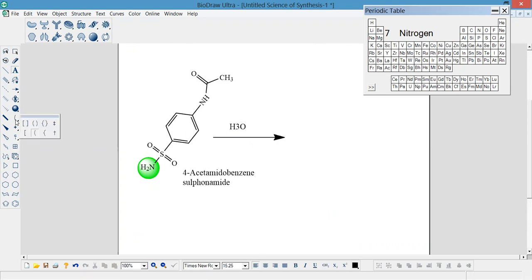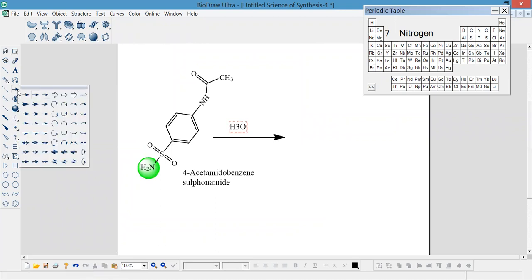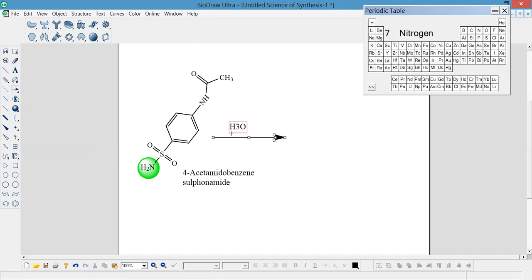Then select the text. For this, select number 3 and then go for subscript.